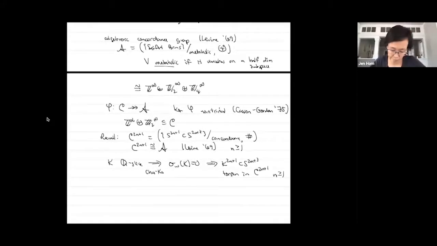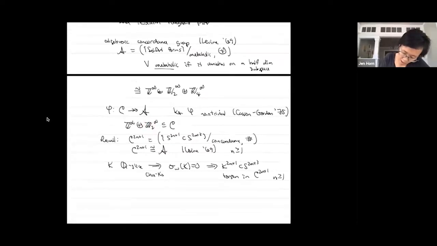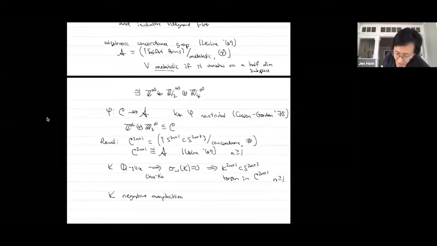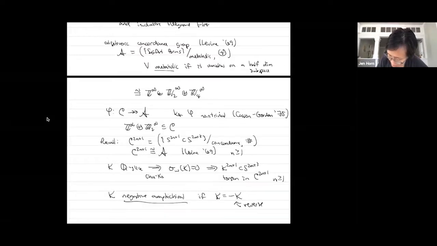All right. Great. And so we know that the concordance group has elements of order 2. How can we build elements of order 2 in the concordance group? Well, recall that if K is negative amphichiral, that is, it's isotopic to the reverse of its mirror image, so K equals minus K, where minus K is the reverse of the mirror image.